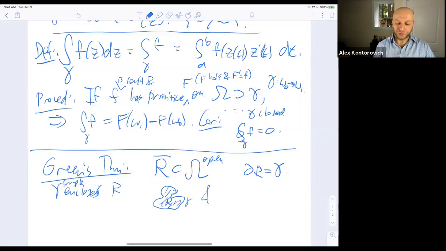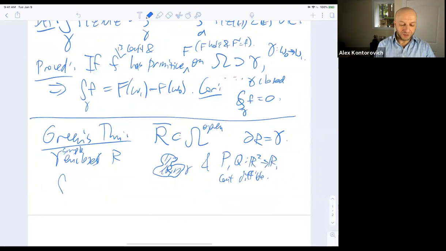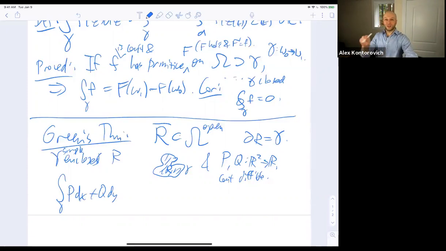And if I have two functions, usually denoted P and Q, that go from R2 to R, and they're C1 in the sense of R2, so continuously differentiable, then I can integrate over the curve, and now I need line elements. So if I do P dx and Q dy, I'm measuring how much, as you go around gamma, dx changes, and I multiply that by P, and as I move around gamma how much y changes, and I multiply by Q. Okay, this is multivariable calculus.